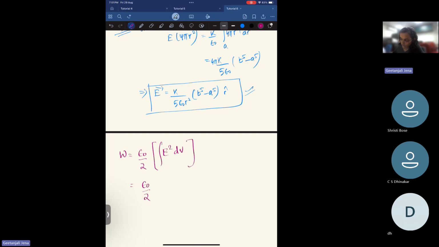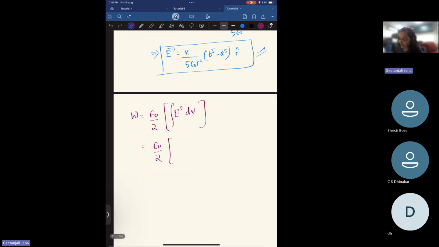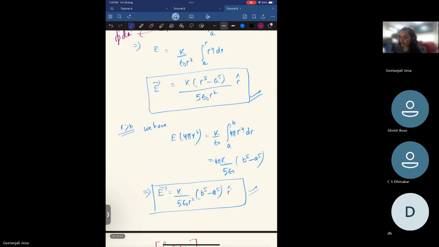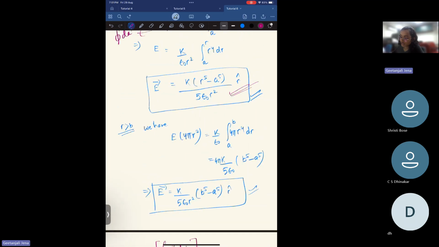Inside, we have a cavity here, right? And the charge is distributed here. So from 0 to A, there is no electric field, so this will be 0. From A to B, there is an electric field, which is this one.